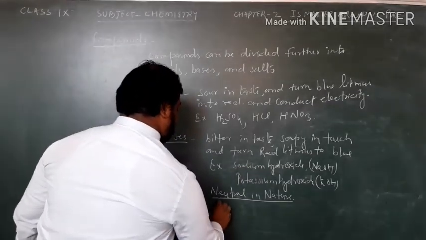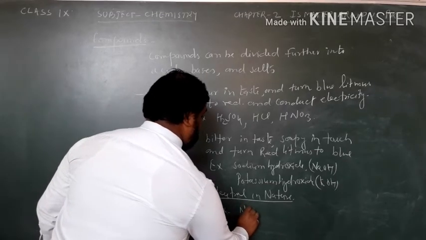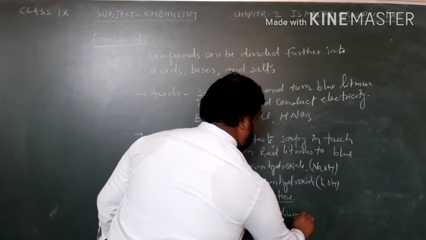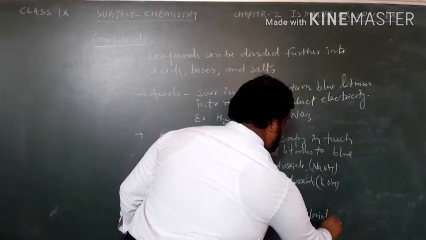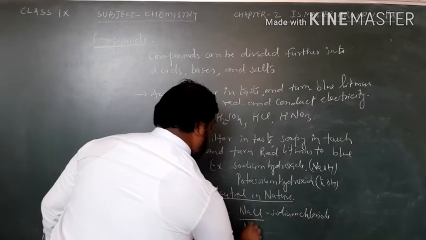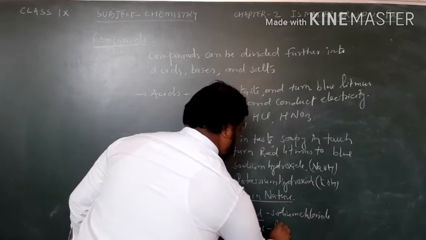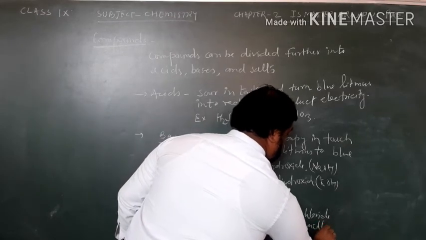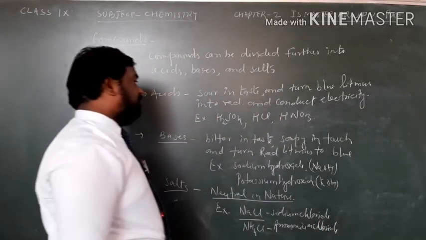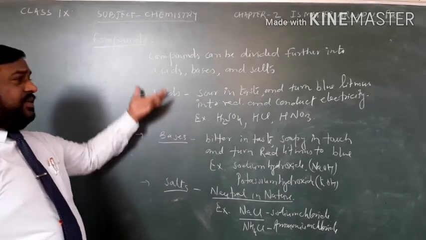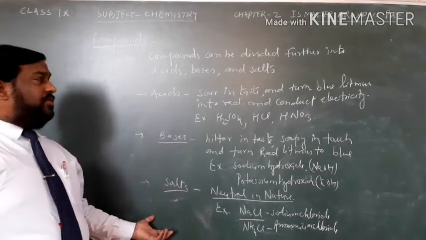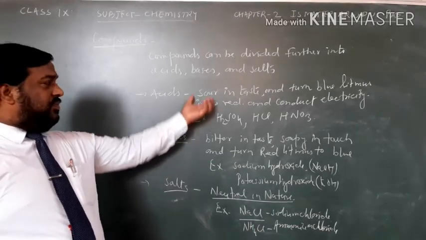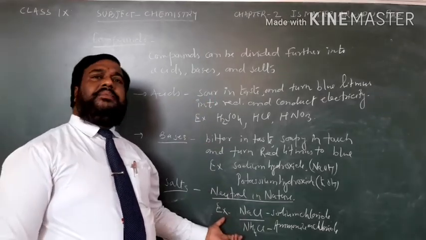For example, NaCl, sodium chloride, NH4Cl, ammonium chloride. So these are the further classification of compounds: acids, bases and salts. Their definitions and examples are here.